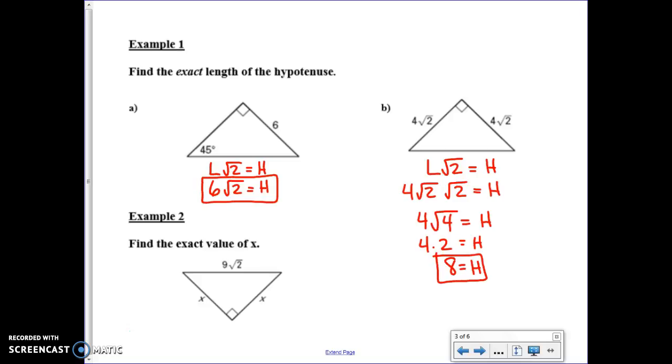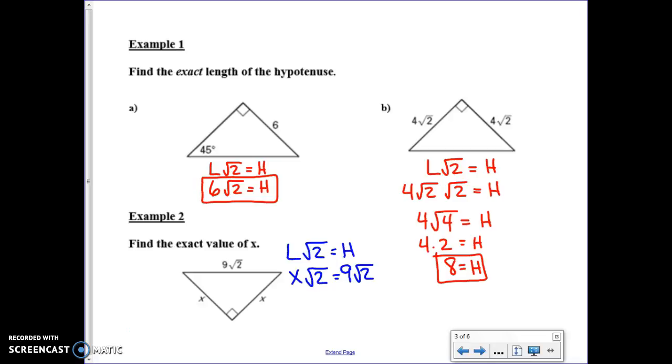So another one, for example 2, find the exact value of x. You could use your Pythagorean theorem here, but even easier than that, we're going to use this leg radical 2 equals hypotenuse. So we have leg is x, bring down radical 2 equals, your hypotenuse is listed as 9 radical 2.